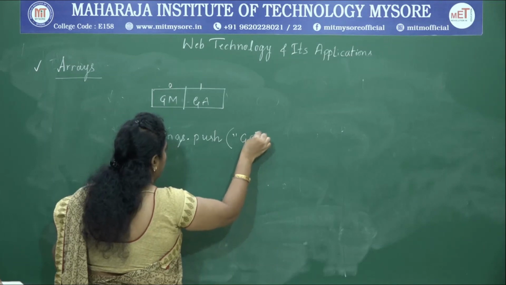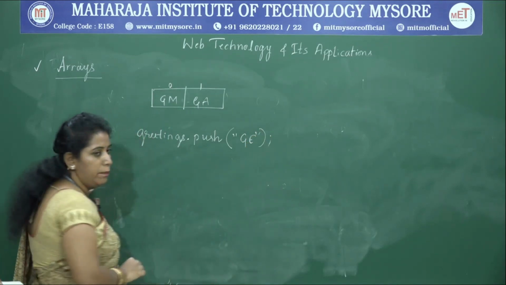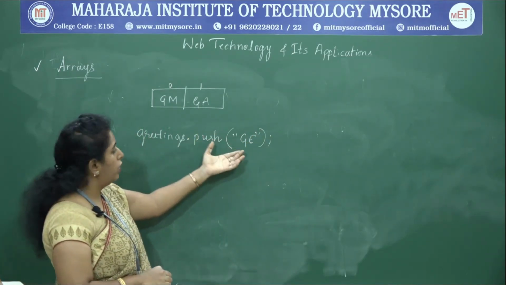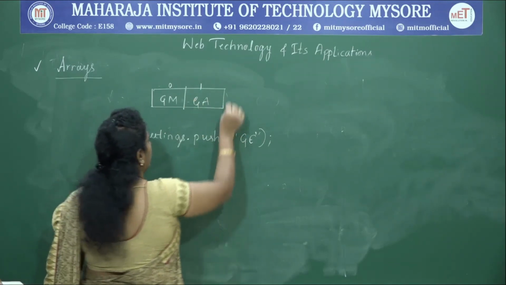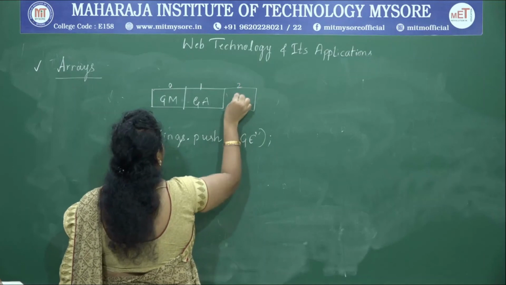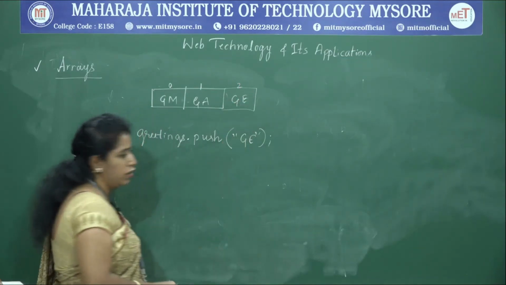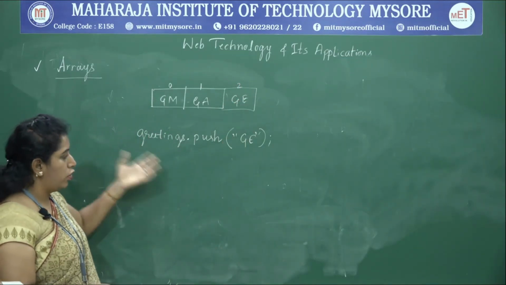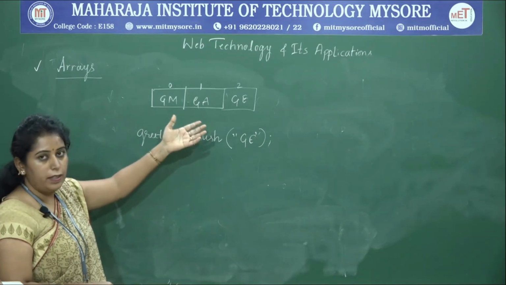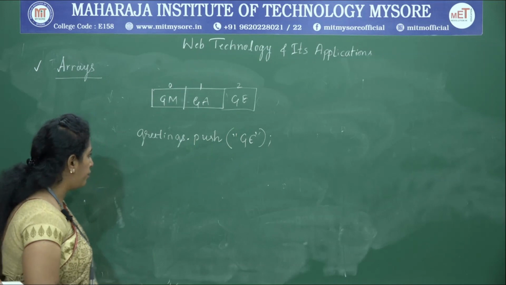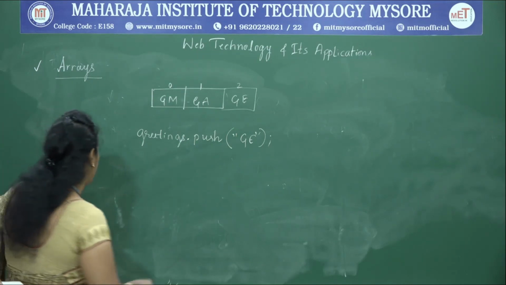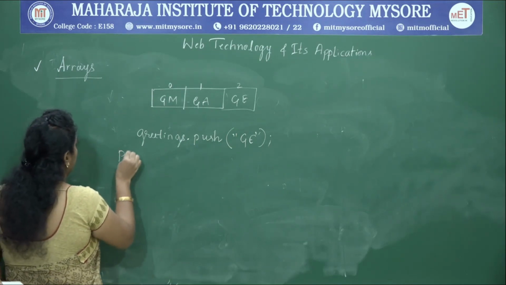Good evening. Okay. So now what happens? It pushes this element to the end of the array. By this time the array looks like this. This is the change. Again if you call, the next element gets inserted to the end of the array.